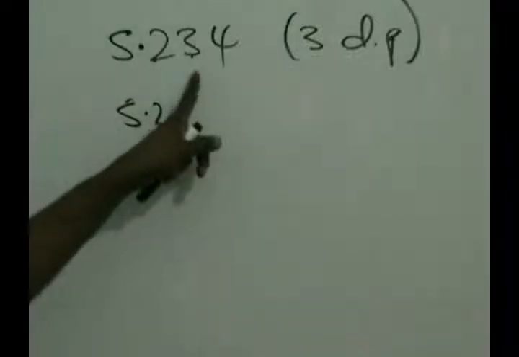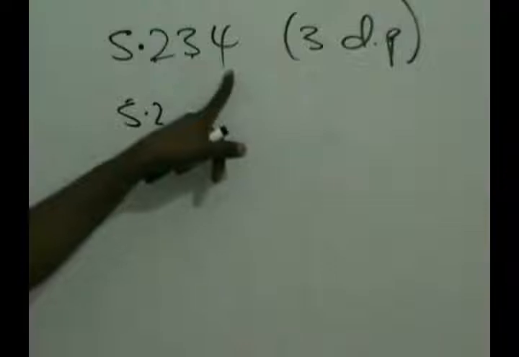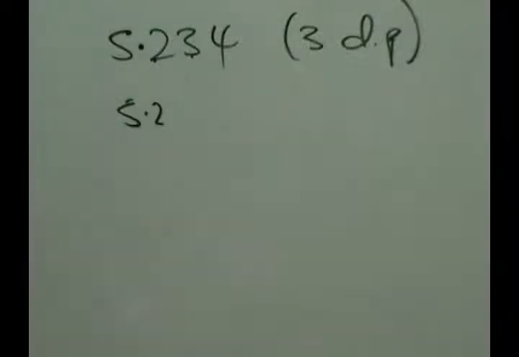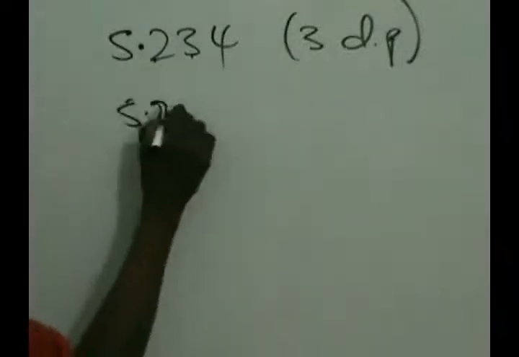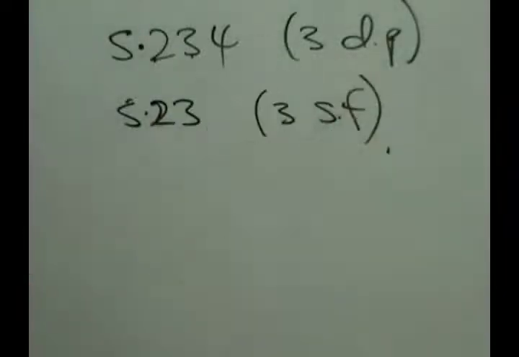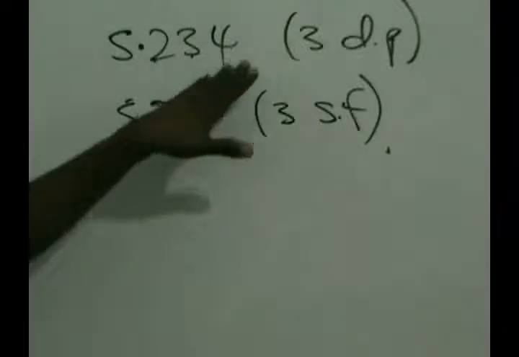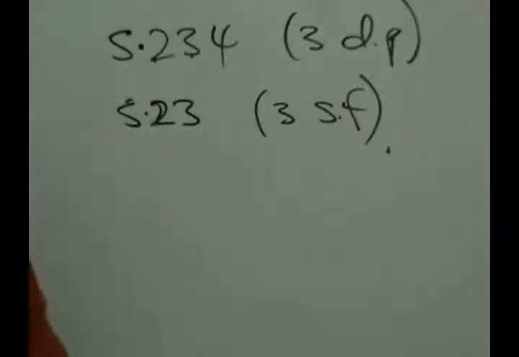This here will be a third significant figure, and because the number immediately following is a 4, then this 3 will remain, so that 5.234 will actually be equal to 5.23 to three significant figures. So again, you see the difference between decimal places and significant figures.